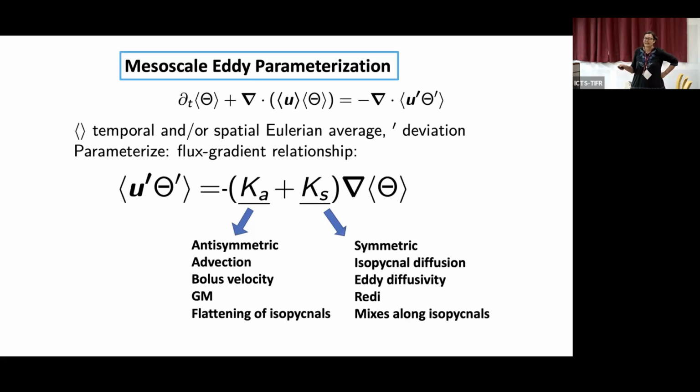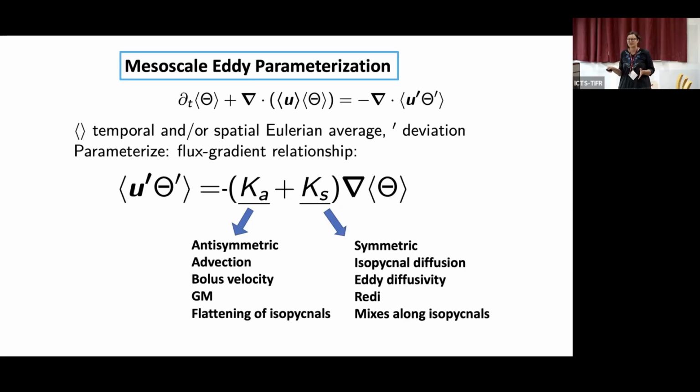Instead of writing this as the antisymmetric component in the tensor, you can also put it on the left-hand side, and it's equivalent. You can write it as an advection velocity, which appears as a U star, and then U plus U star is called your residual circulation. But it is actually numerically more stable to represent it in ocean models as this antisymmetric component.